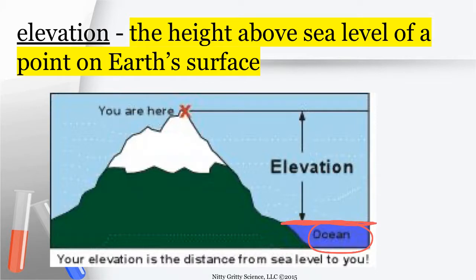And it's essentially where the ground and the ocean meet. So if you are here, you're at sea level. And then the elevation of something is how high above sea level that would be. So if you're at the top of this mountain right here, your elevation would be how many feet or how many meters you are above the level of the ocean.